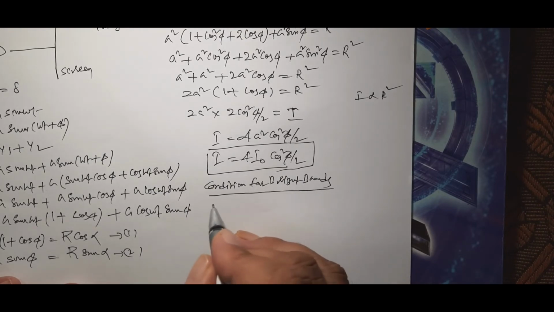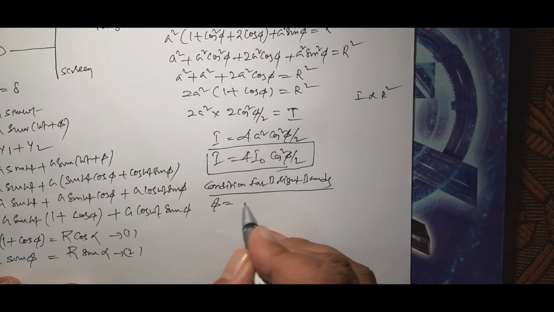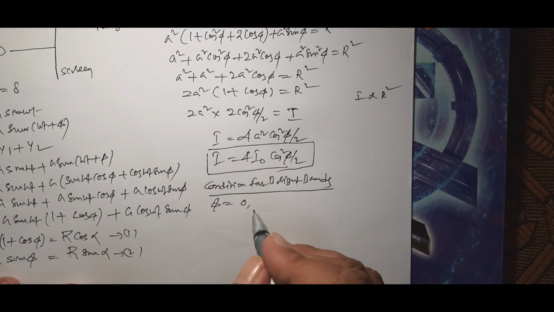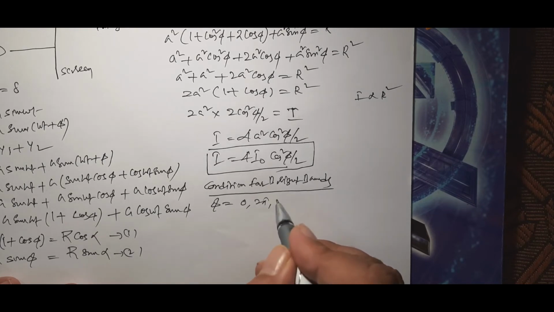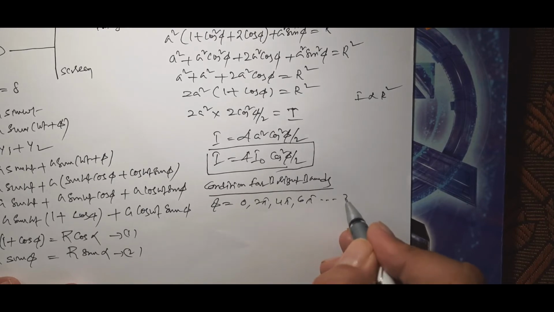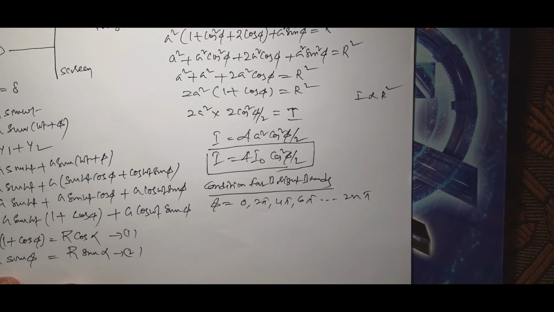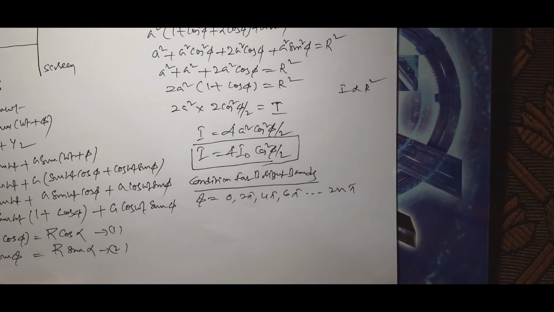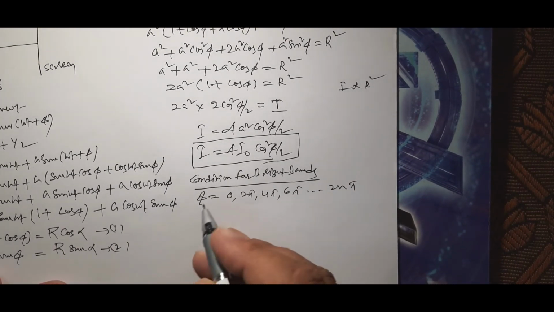Such cases are when the phase difference between the two waves is 0, 2π, 4π, 6π, and so on up to 2nπ. Then we see a bright band at P.